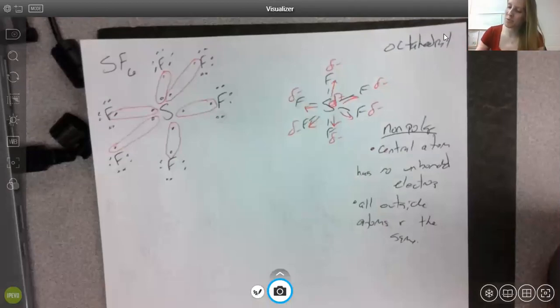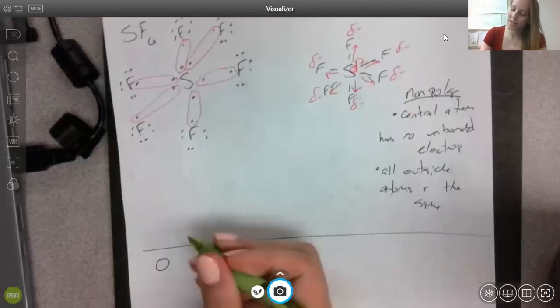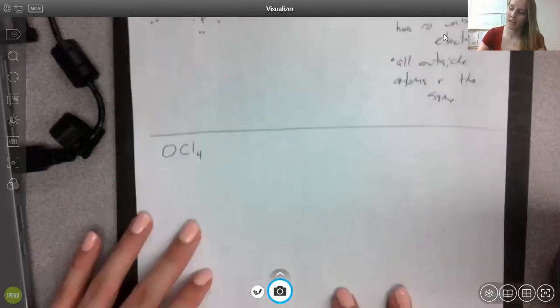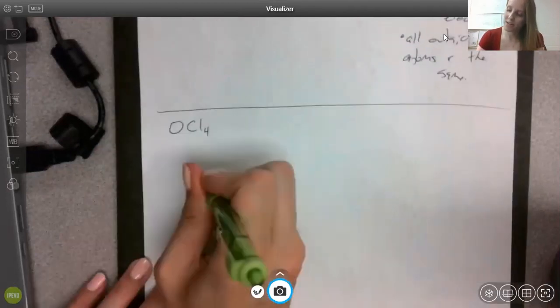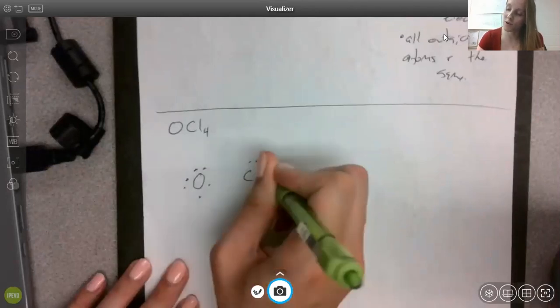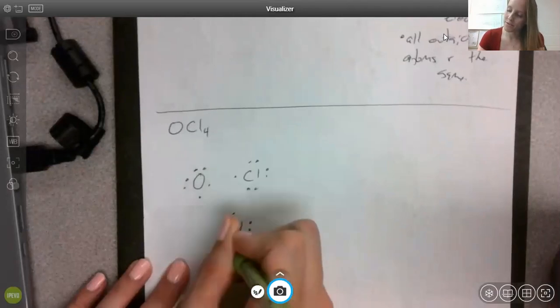Okay, last example. OCl4. So I've got my oxygen. It has 2 bonding sites. My chlorine only has 1 bonding site. So the chlorine goes around the outside.